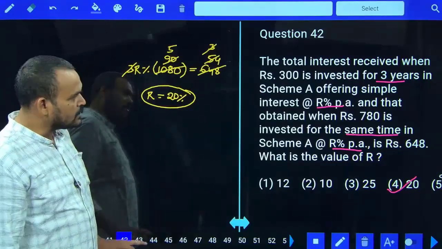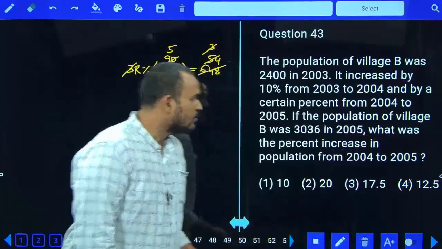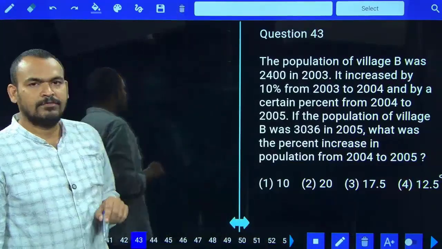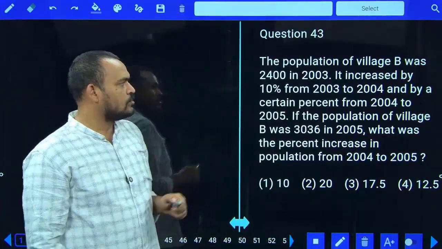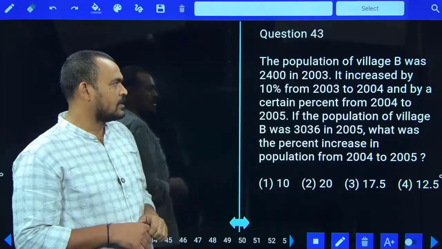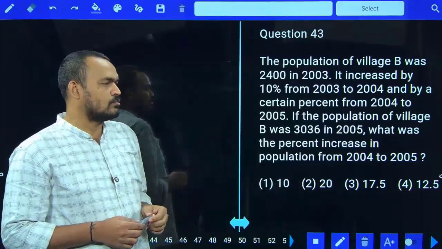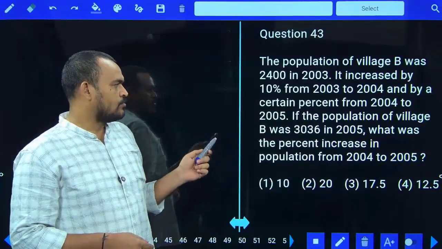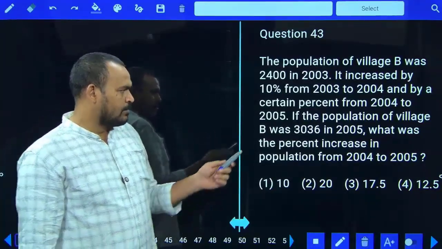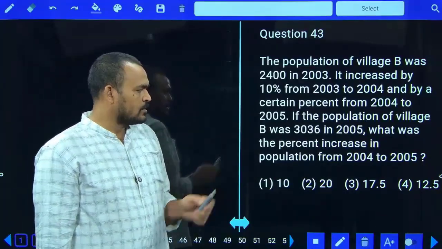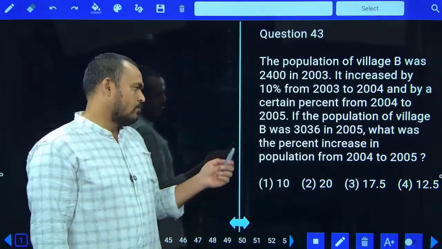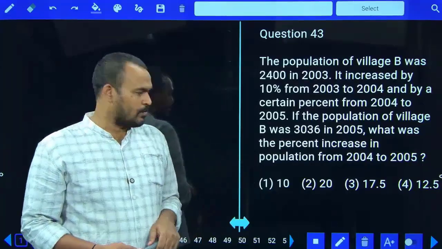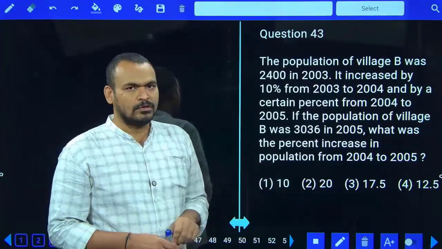Next, question number 43. The population of village B was 2400 in 2003. It increased by 10% from 2003 to 2004 and by a certain percentage from 2004 to 2005. If the population of village B was 3036 in 2005, what was the percentage increase in the population from 2004 to 2005?